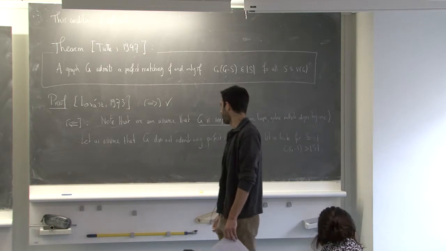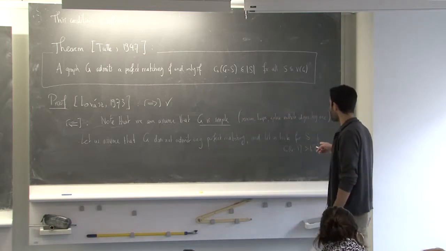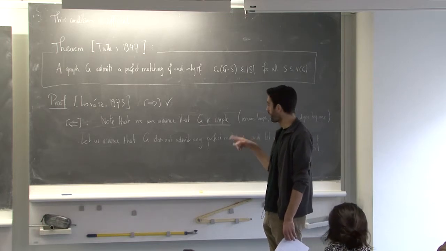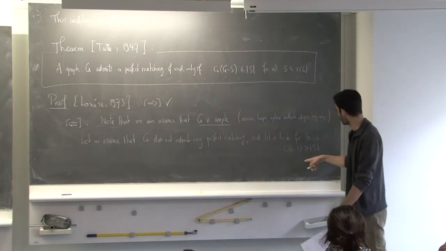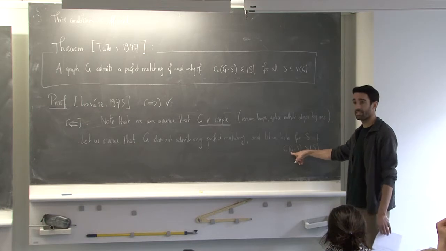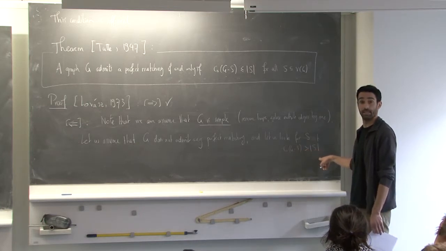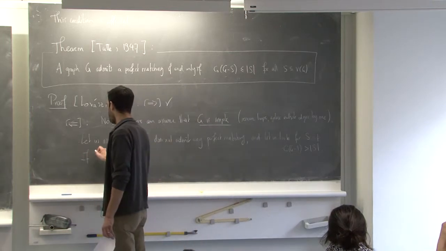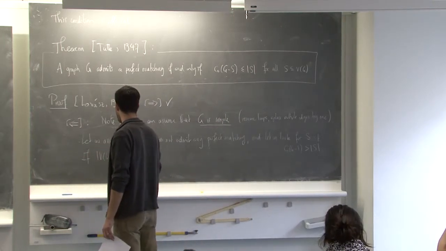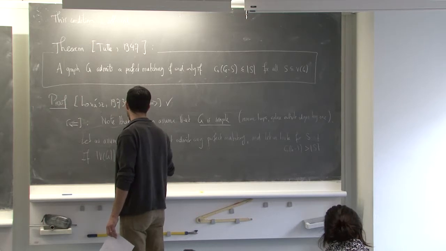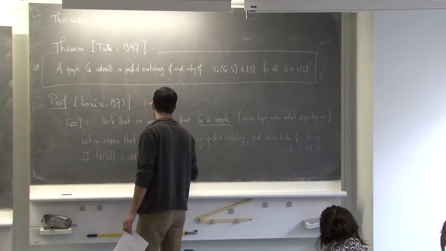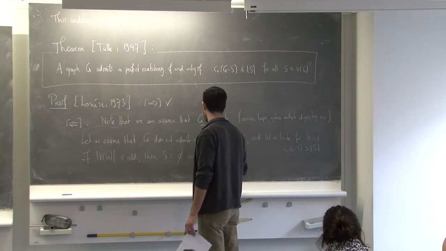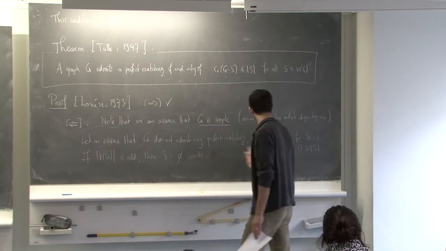Okay. Now, of course, we can assume that G has an even number of vertices, because if it had an odd number of vertices, S equals the empty set would already give us the answer, right? So if the number of vertices of G is odd, then S equals the empty set works, and we are done, right?